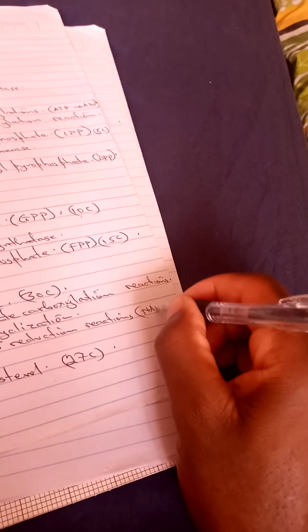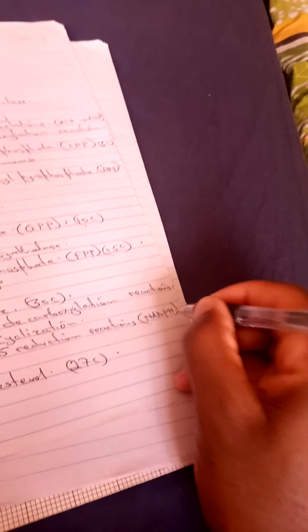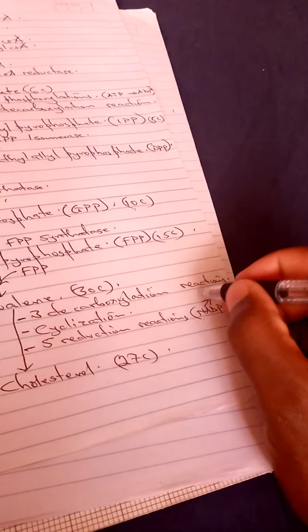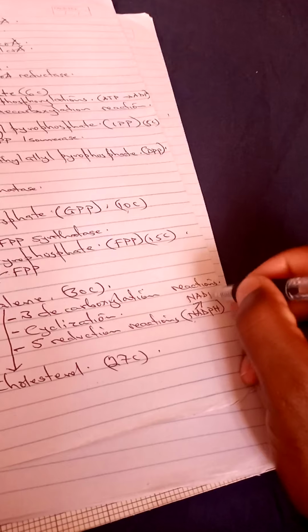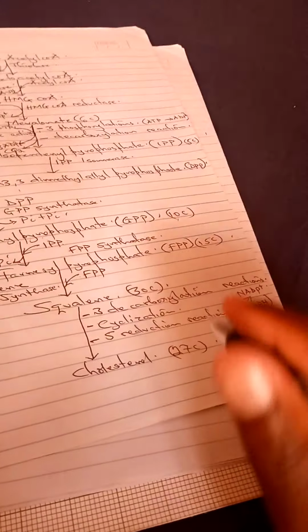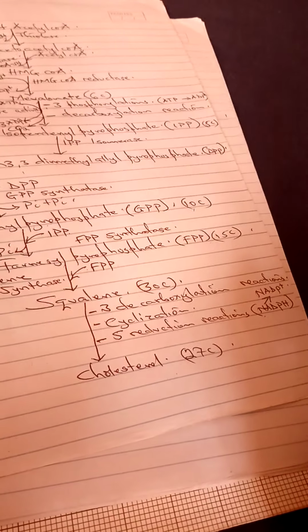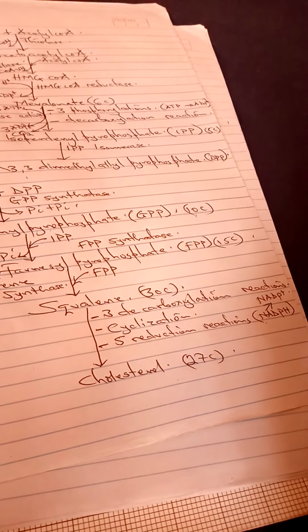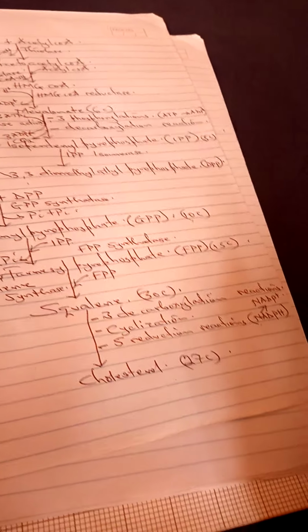And during these reactions we shall utilize NADPH, and so we shall be forming NADP plus. Then the other difference was that cholesterol has a hydroxyl group at carbon atom number 3, but squalene does not have it.